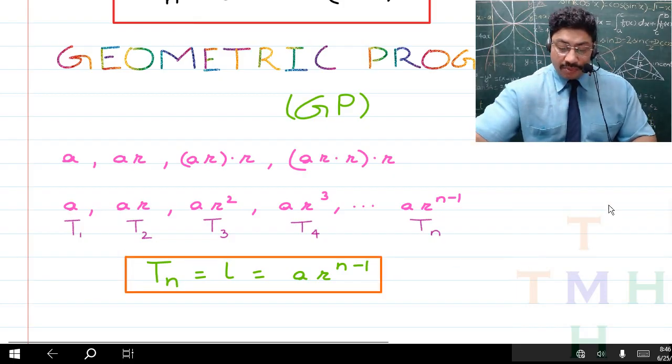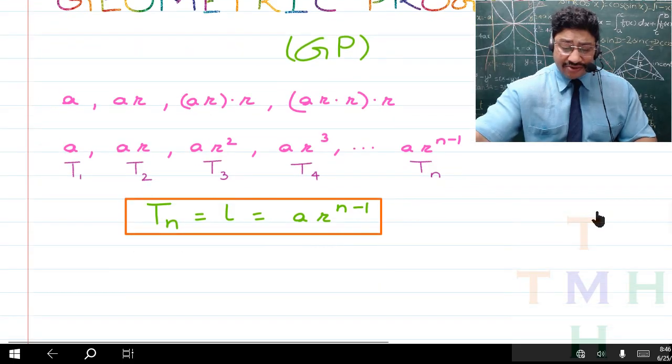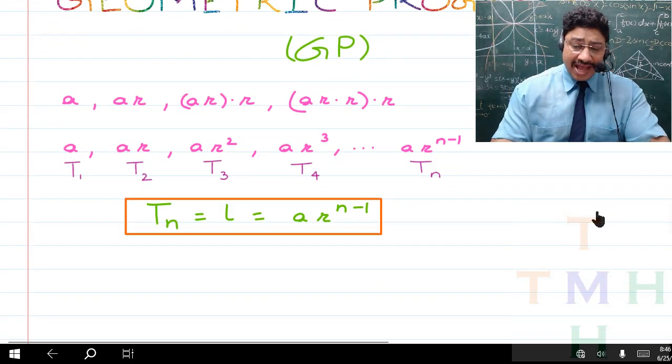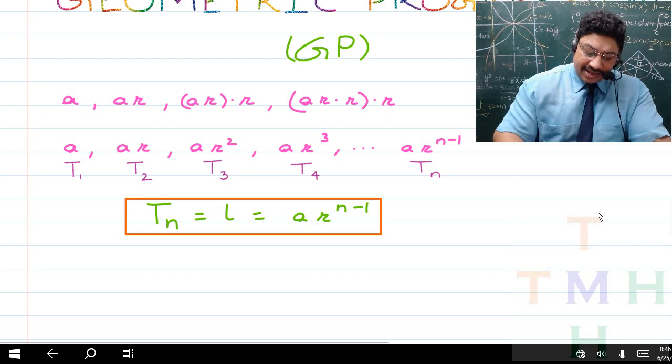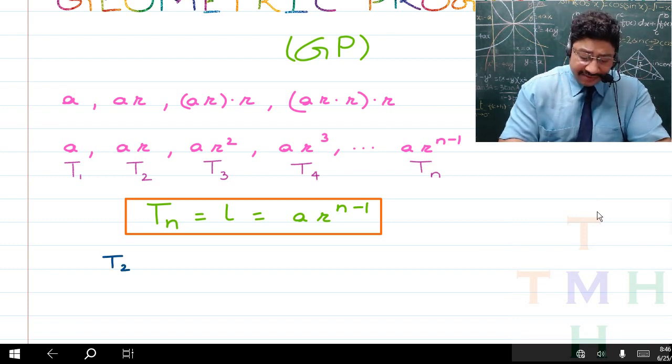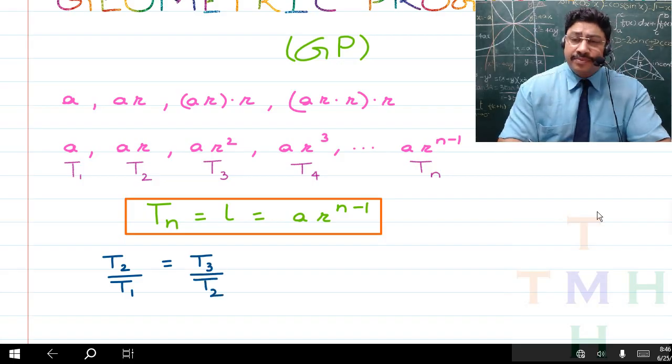Now after this, we will now be discussing that special characteristic which a geometric progression has. That is, if you talk about the ratio of two consecutive terms, that is, if t2 is divided by t1, it is further going to become equal to t3 divided by t2, right?